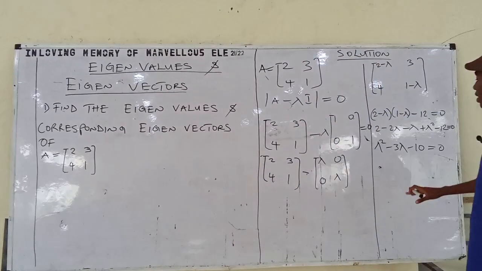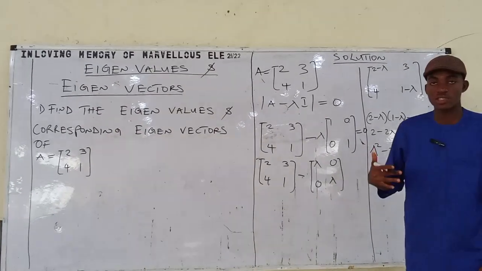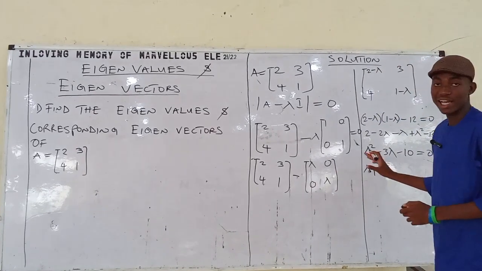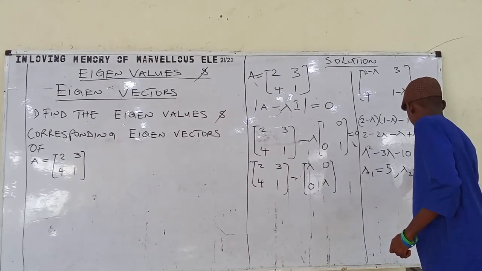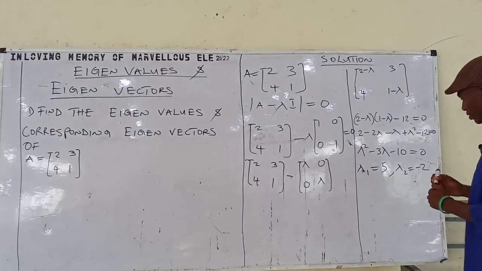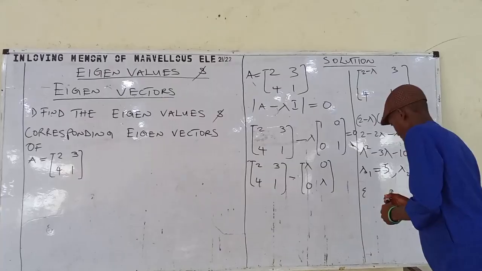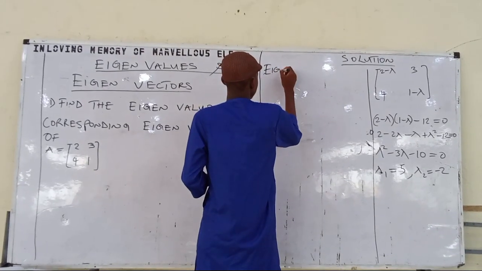Because of time, I won't be solving this. I want to make the video short. It's already getting long. If you solve this quadratically, our lambda 1 is 5 and our lambda 2 is minus 2. So therefore, let me clean up here, the eigenvalue now.